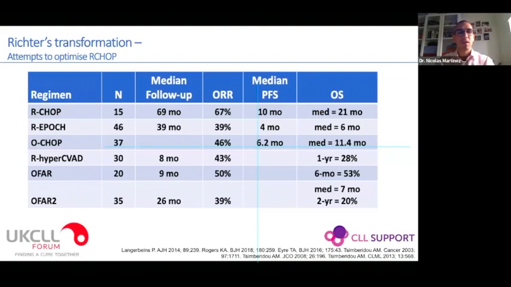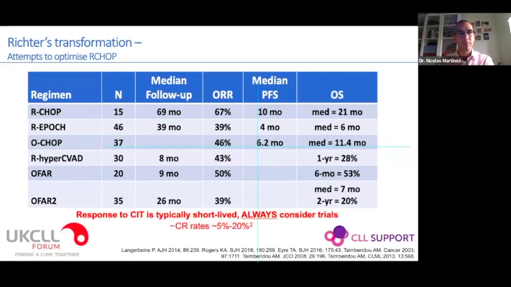There are two reasons for that. More aggressive chemotherapy such as EPOCH and hyper-CVAD immediately skews the patients you can offer this treatment to towards the younger and fitter, and therefore the older are still left out, and the outcomes continue to be quite poor. And the response is typically short-lived.